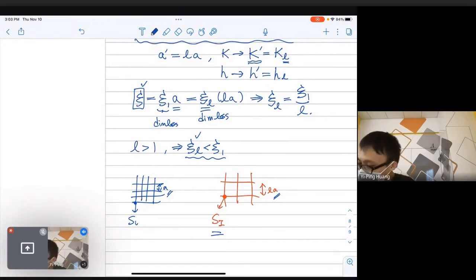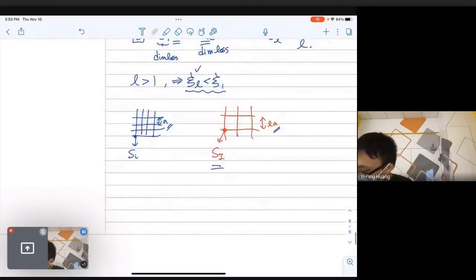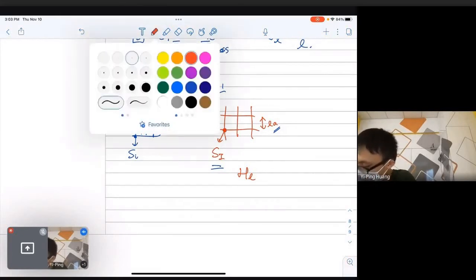So what does that mean? It means that the Hamiltonian after the coarse-graining, this HL, is further away from the critical point than the original system. Let me write it down.